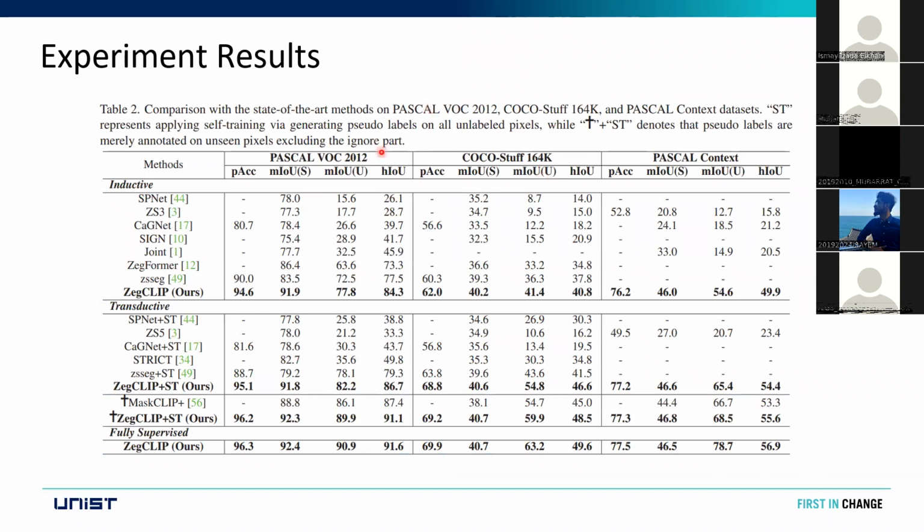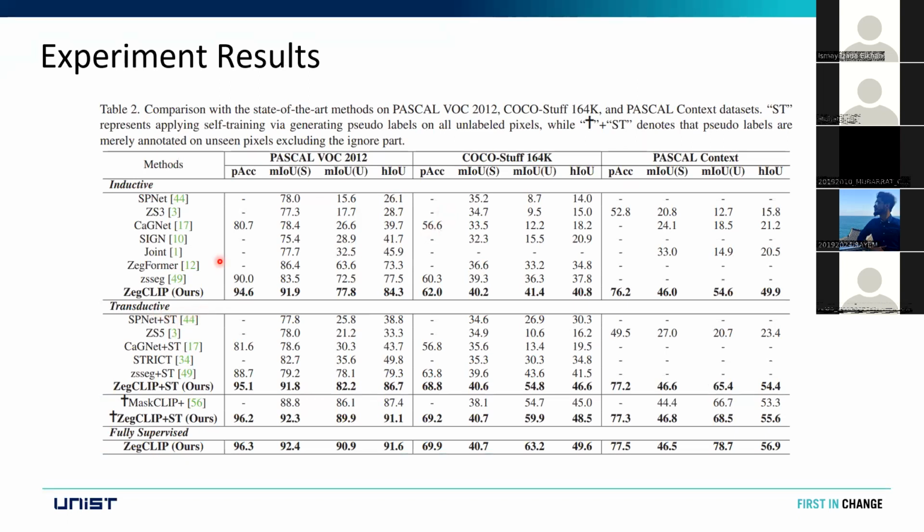So these are the experiment results for this method. They have done experiments on the Pascal VOC 2012 dataset, COCO Stuff 164K, and the Pascal Context dataset. As they show here, they are the current state of the art for zero-shot segmentation methods. Remember earlier we talked about inductive and transductive methods.